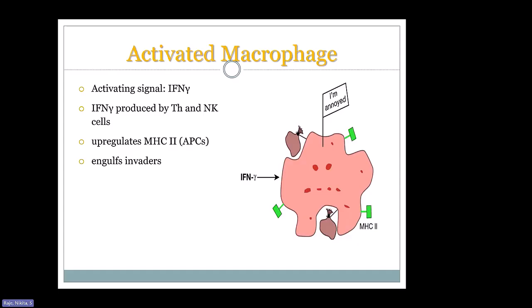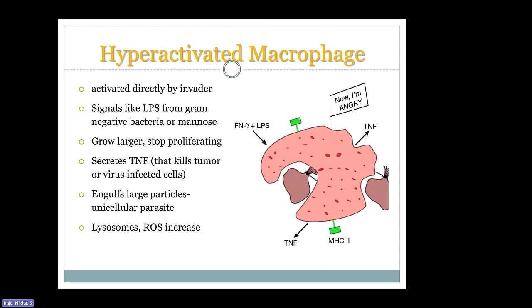Now that they are activated, they are going to upregulate the class 2 MHC on their surface so they can start doing some work. They can start helping with presentation of antigens to T cells, and they can also start engulfing the invaders around them.